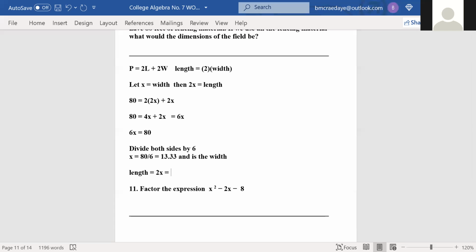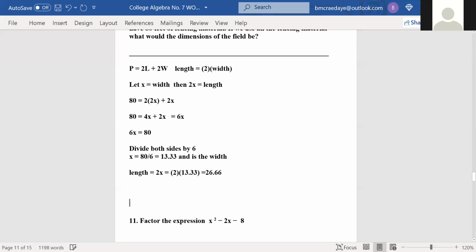So that would be 2 times the width, which is 13.33, and that's equal to 26.66. Okay. So the dimensions are length.